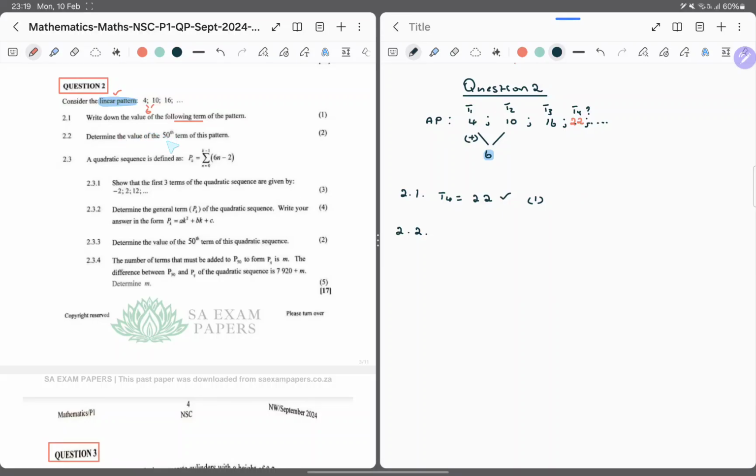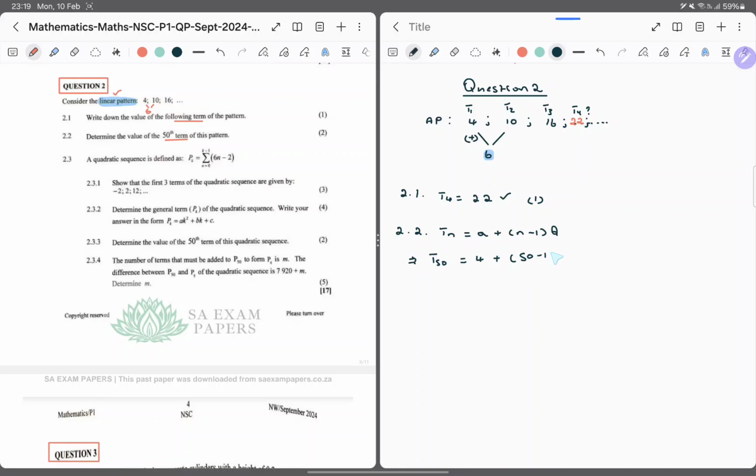So determine the 50th term of this pattern. Easy. Since this is linear, we know that Tn is a plus n minus 1 times d. We derived this formula, and we understand how it came about. So now T sub 50 is going to be the very first term, which is 4.